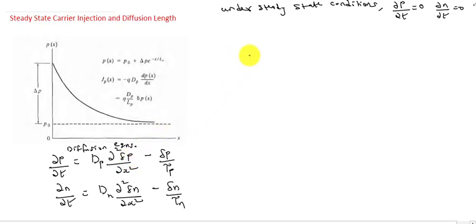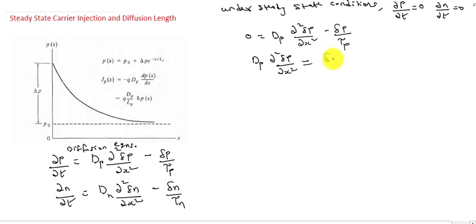So these equations will become, for electrons and holes, as the LHS is 0, Dp ∂²δp/∂x² minus δp/τp equal to 0, or we can write it as ∂²δp/∂x² is equal to δp/(Dp τp), and this is equal to δp/Lp².